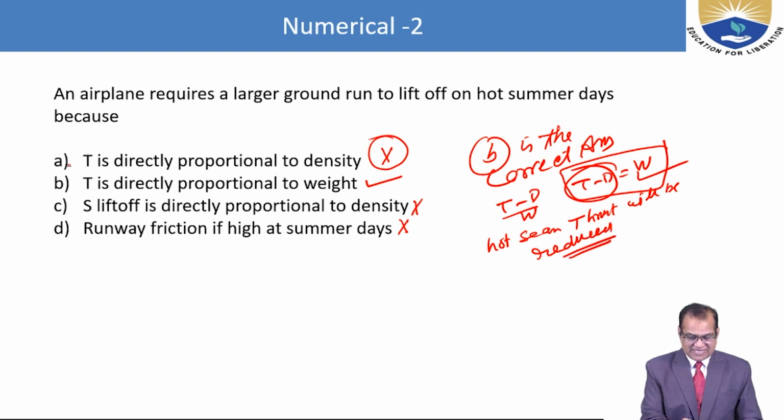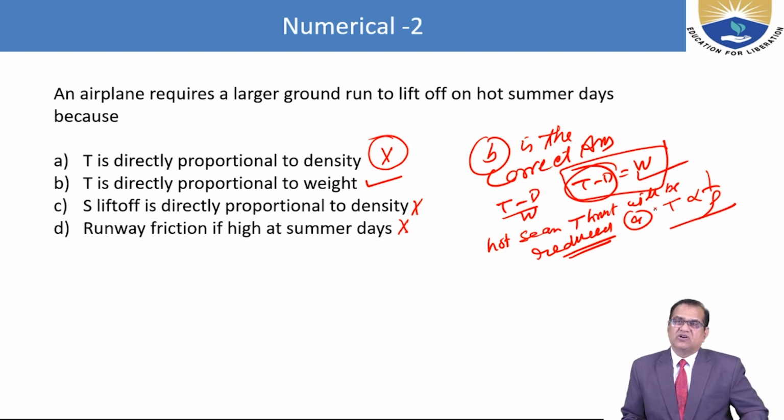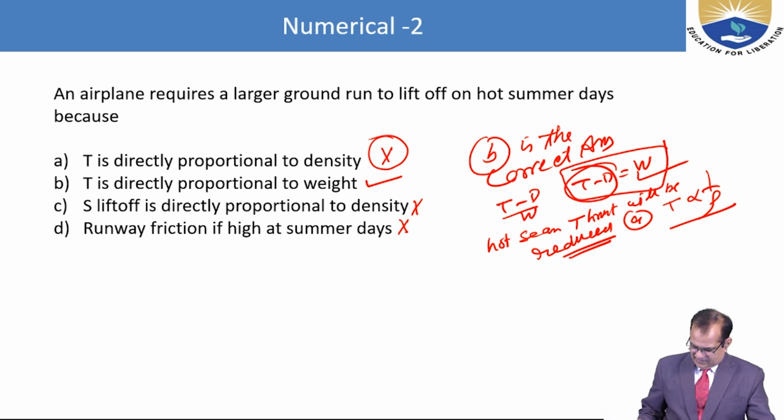As per case 1A, T is inversely proportional to rho, so it needs more runway to lift off the aircraft.